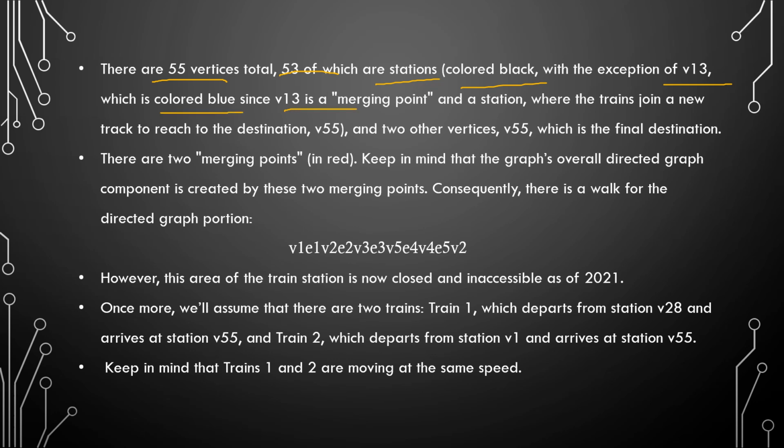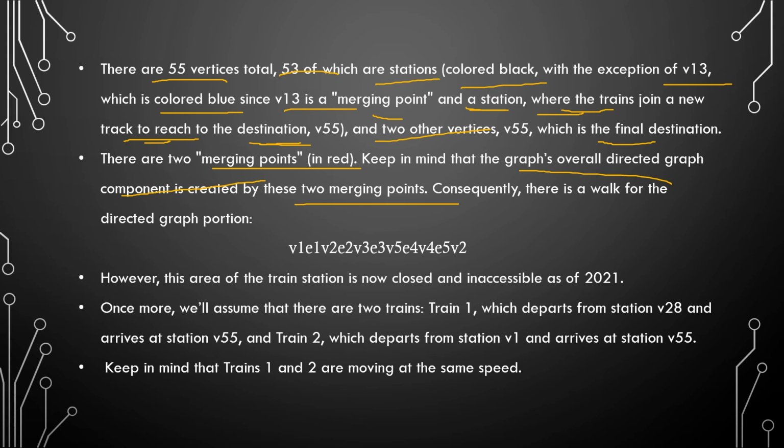V30 is a merging point, a station where the train joins a new track to reach its destination. The other vertex, V55, is the final destination. There are two merging points in red. Keep in mind that the overall graph is a directed graph.